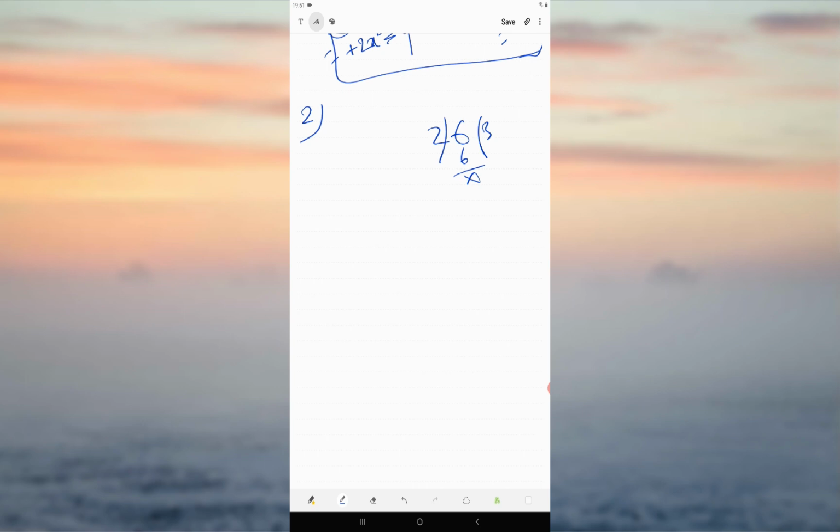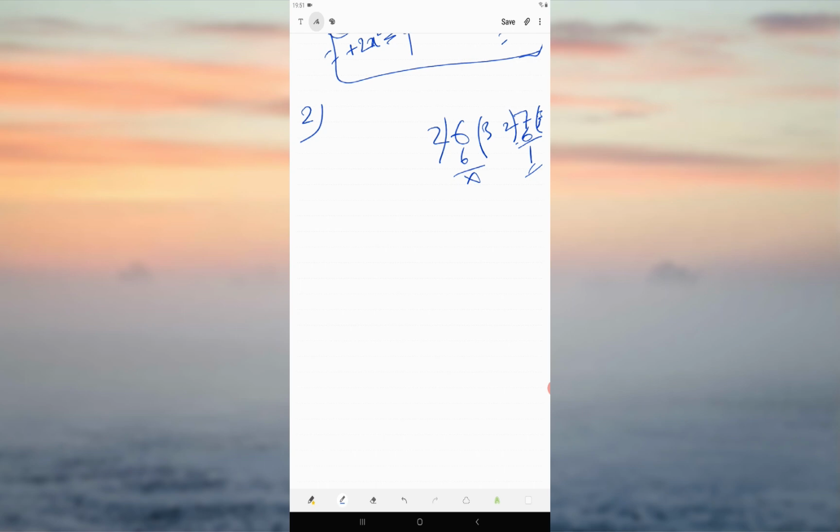If we are getting some remainder, let's divide 7 by 2. So what do we get? 2 3s are 6. 7 minus 6 is 1. So what we are getting is 1. So we have a remainder. So 2 is not a factor of 7, but 2 is a factor of 6.